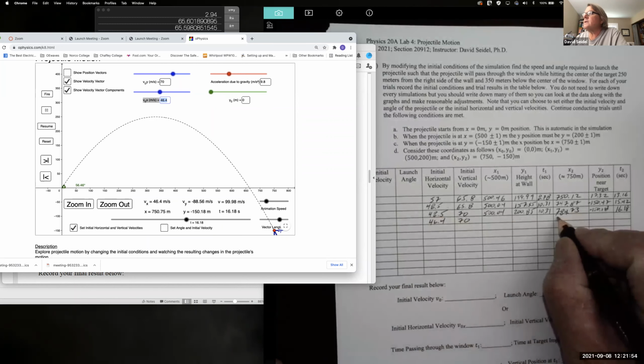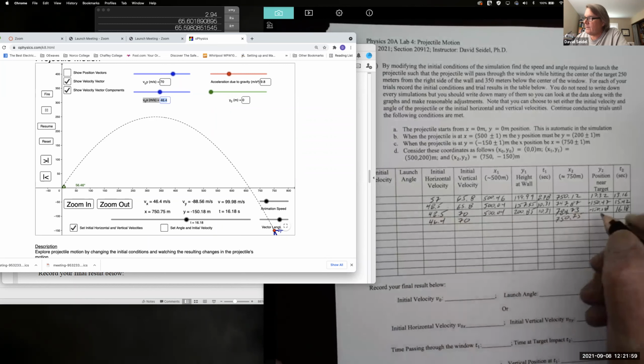My x2 is 750.75. My y2 is minus 150.18. And this is 16.18 still.